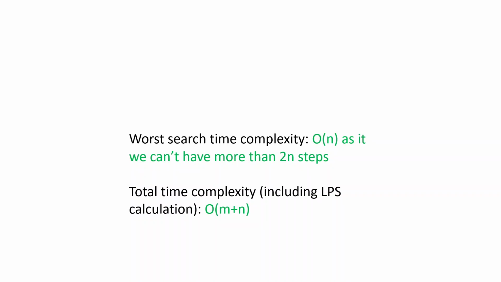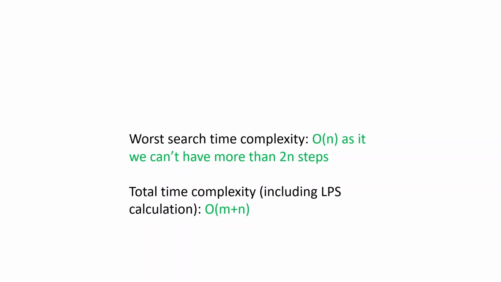So if we think about the total time complexity, we have to add the pre-computation logic also, which is the calculation of the LPS table. And calculation of LPS table can also be done in linear time, which will require O(m) time. M is the length of the pattern.